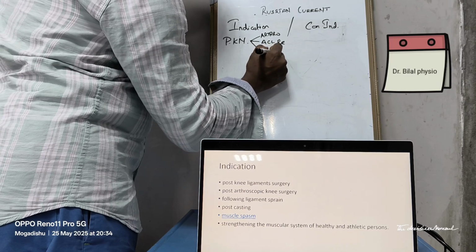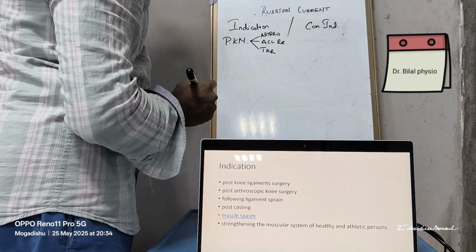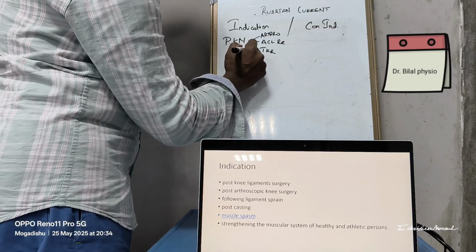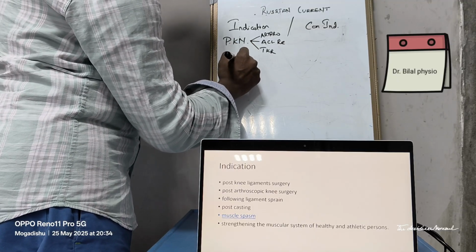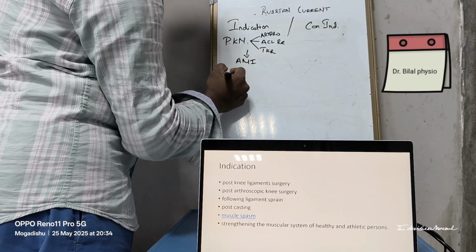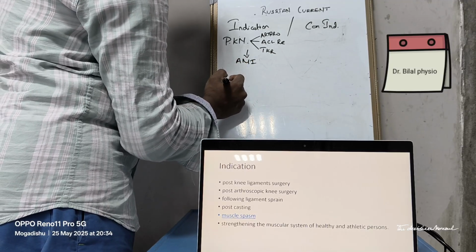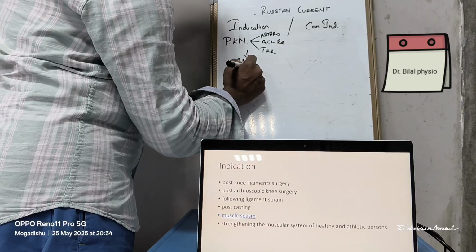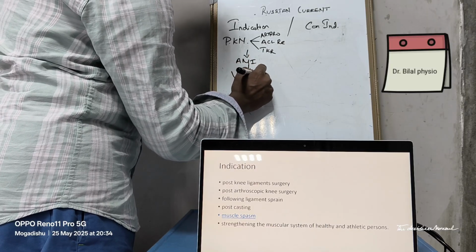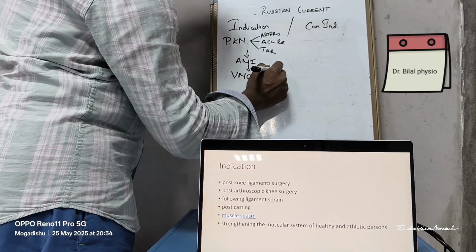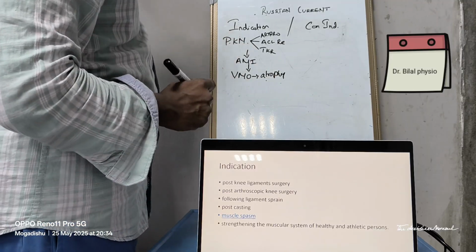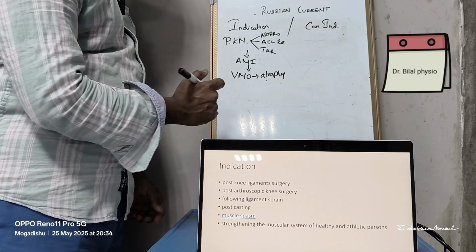and total knee replacement conditions, where, due to arthrogenic muscle inhibition, which we see in the later slide, the quadriceps muscle, especially the vastus medialis obliquus, will go for atrophy. So this Russian current will help to recover this atrophy.